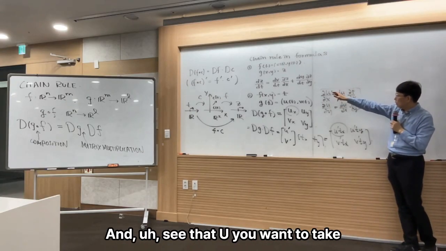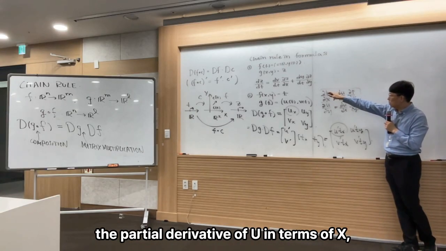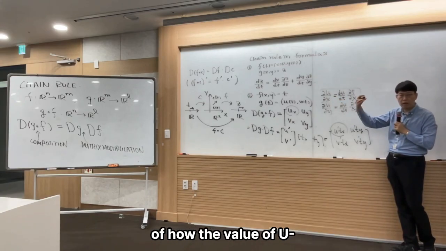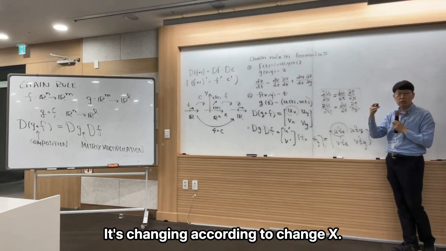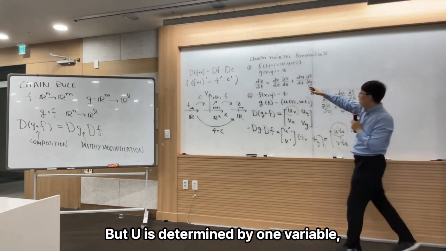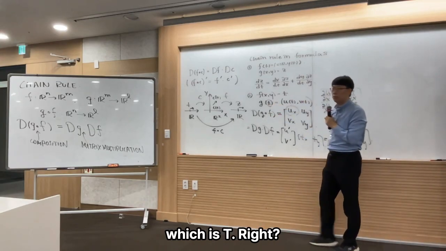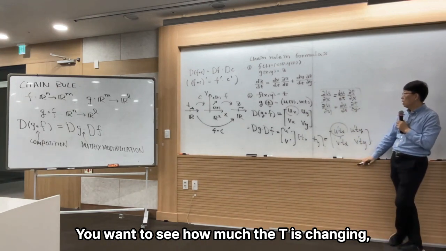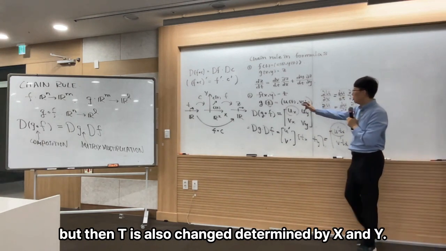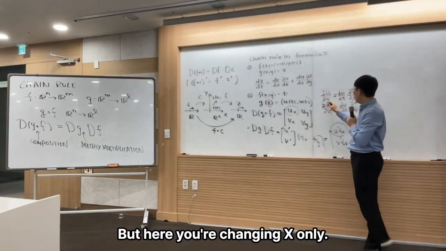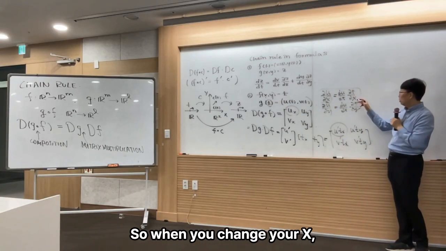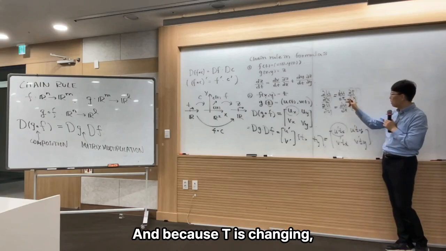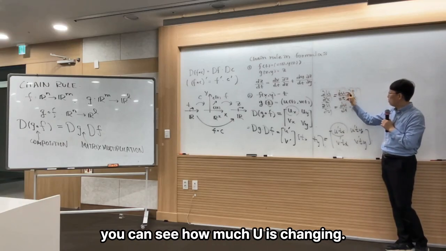You want to take the partial derivative of u in terms of x, which means you want to see how the value of u is changing according to a change in x. But u is determined by one variable, which is t, right? You want to see how much t is changing. But then t is also determined by x and y. But here you're changing x only. So when you change x, you can see how t is changing, and because t is changing, you can see how much u is changing.